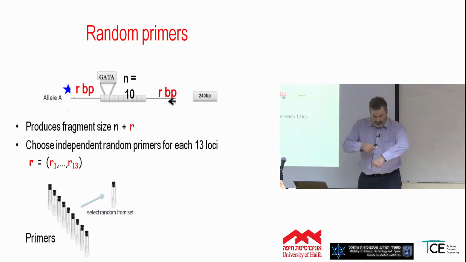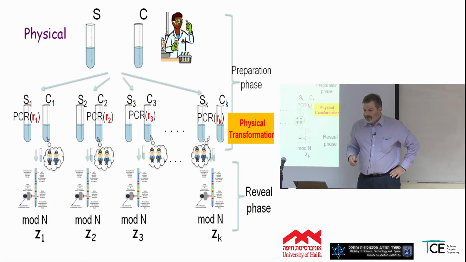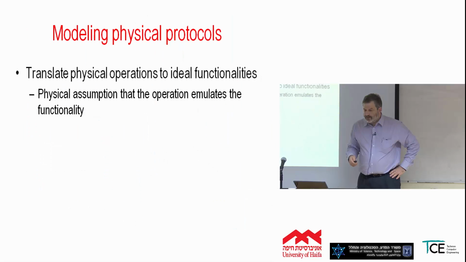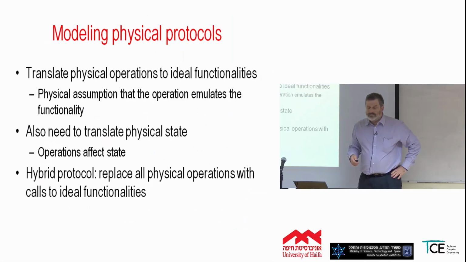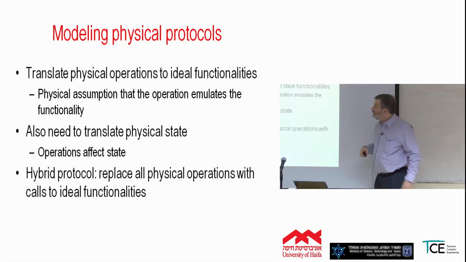So this is essentially the protocol. The hardest part here is really modeling the physical protocol, arguing how we map the physical protocol to ideal functionalities so that we'll be able to provide a proof. This is more of an art.